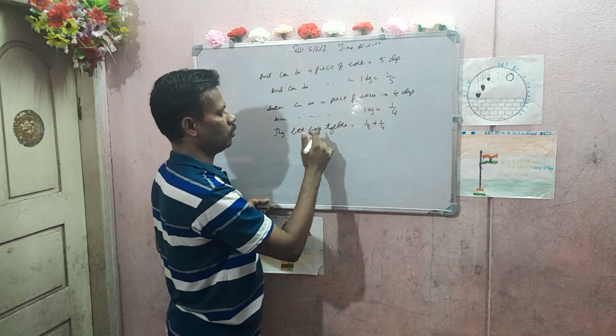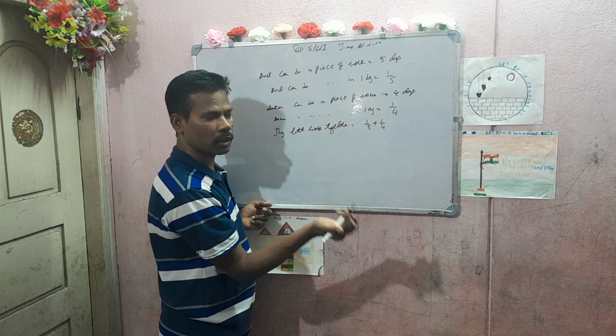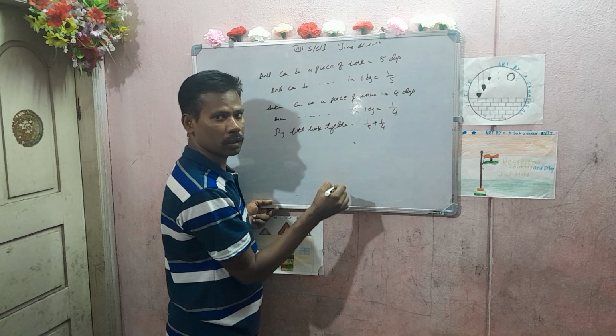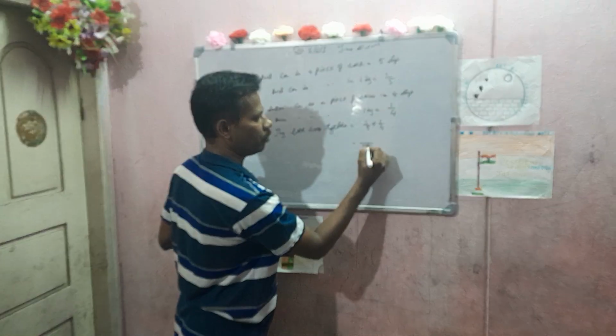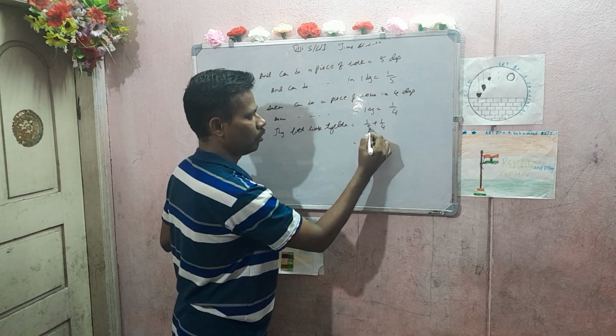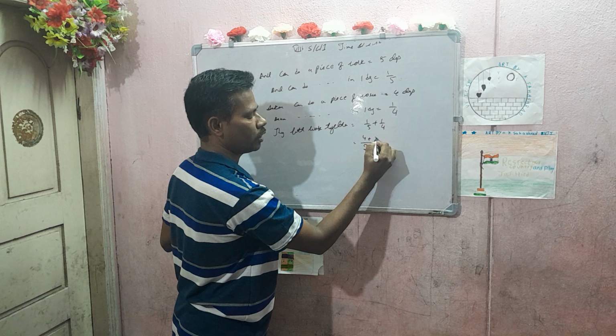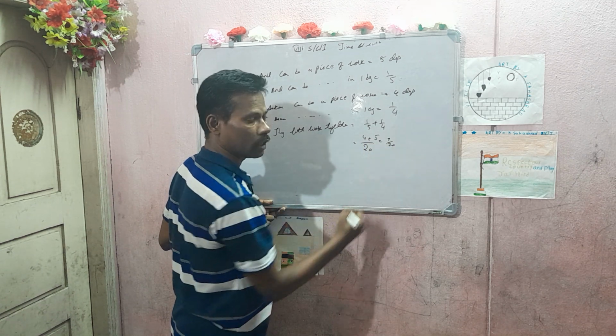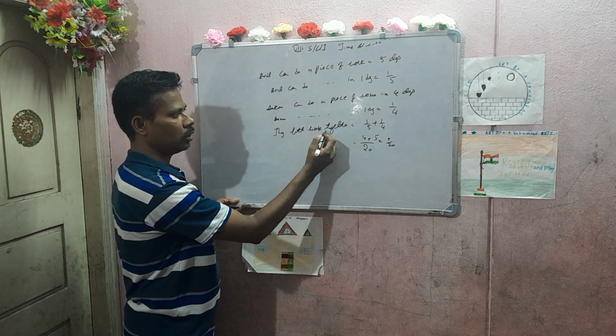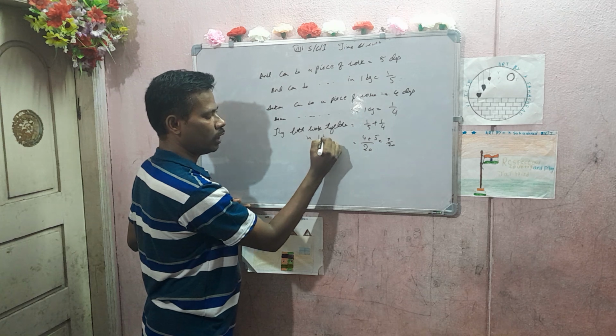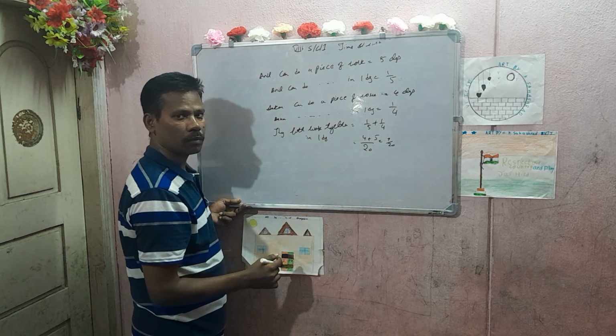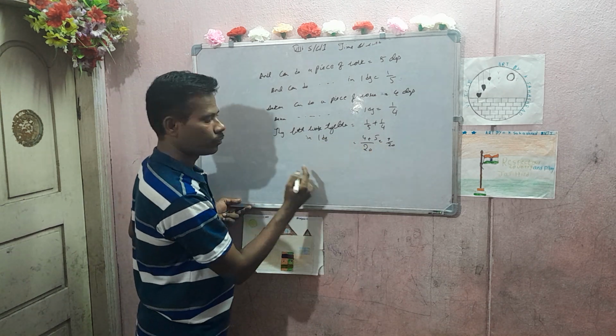Together means addition. So 1 by LCM is 20. 5 4s are 20 plus 4 5s are 20, that is 9 by 20. This is they work together in 1 day. Remember, not the complete day, for 1 day.